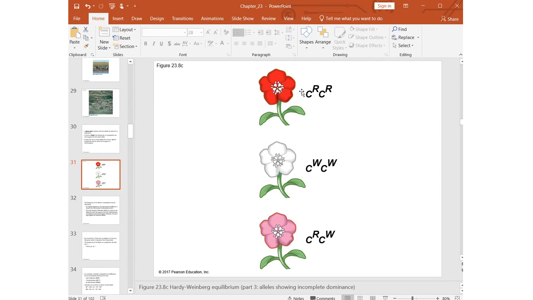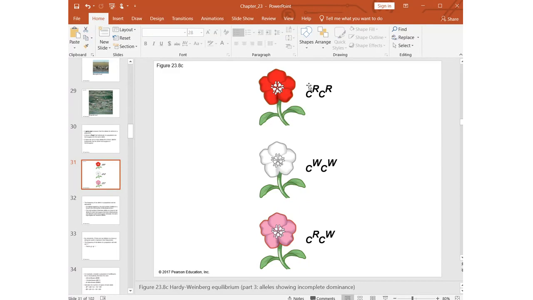There's a gene for the color of the flower, and this individual is homozygous for the allele that causes red flowers, and that's why they have the R here.